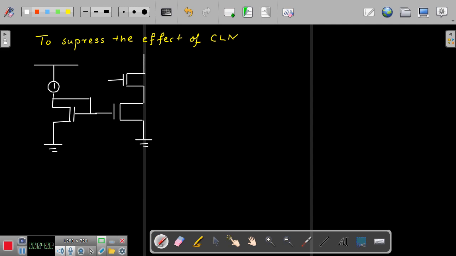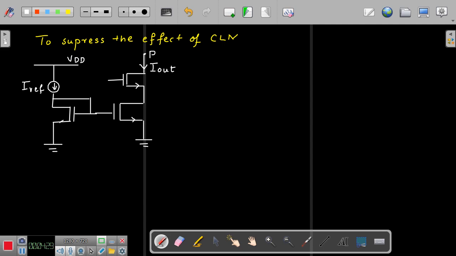This is my current source, I reference, and this is of course VDD. Let me take this point as P, and this is my I out. Now you can make out the difference between the diagram I had drawn earlier and now.